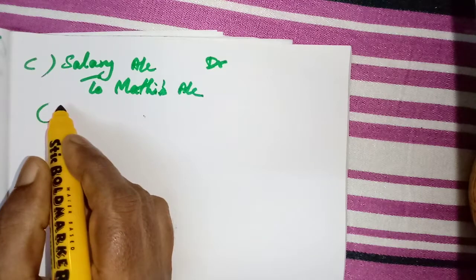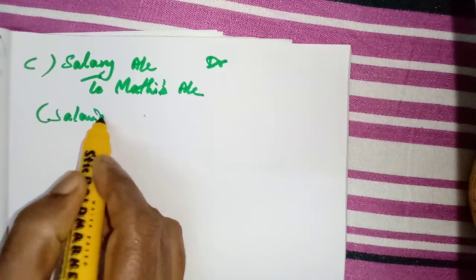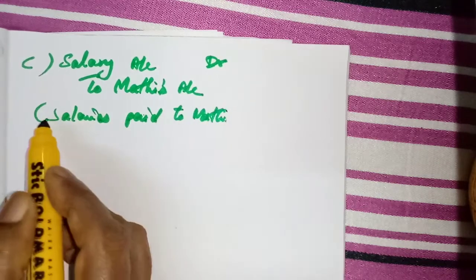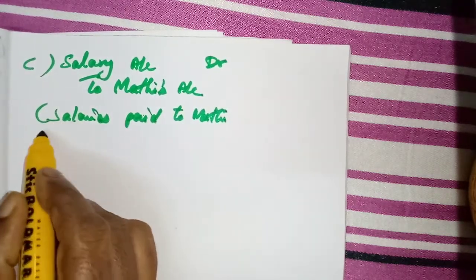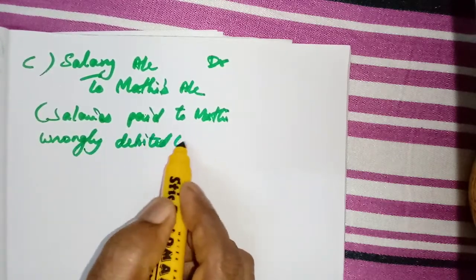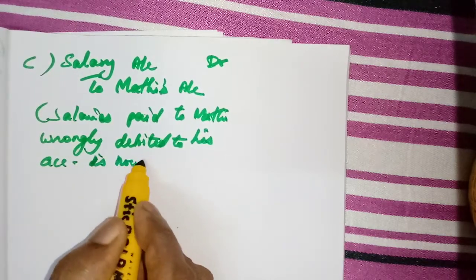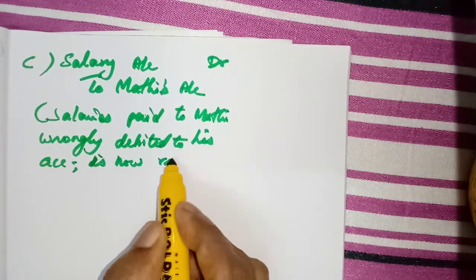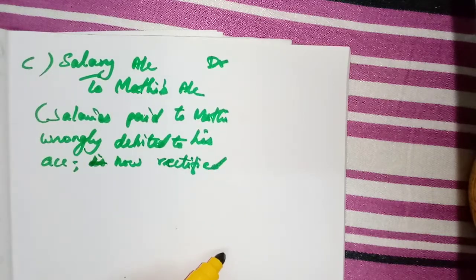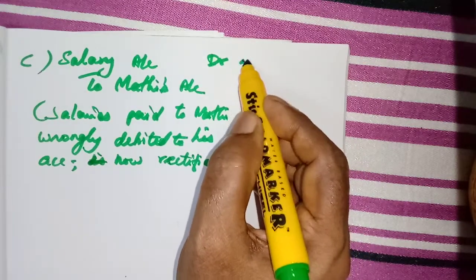Salary paid to Madhi wrongly debited to his account is now rectified, or you can put a comma, now rectified. Okay, amount 500.